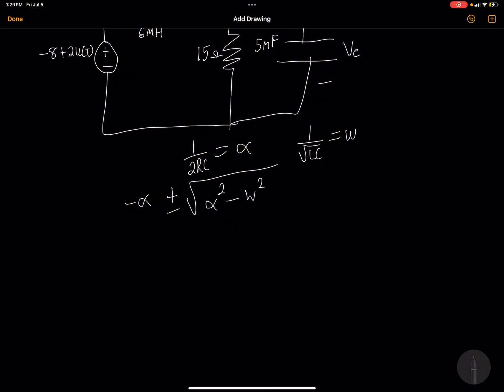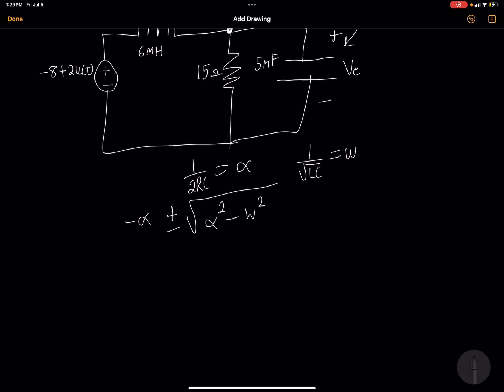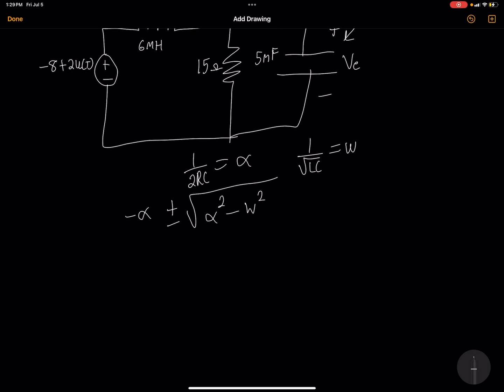So 1 over 2RC: 2 times the resistance, well, there's only one resistor, so there's 15, times the capacitance, 5 times 10 raised to -3, and we get 6.66.